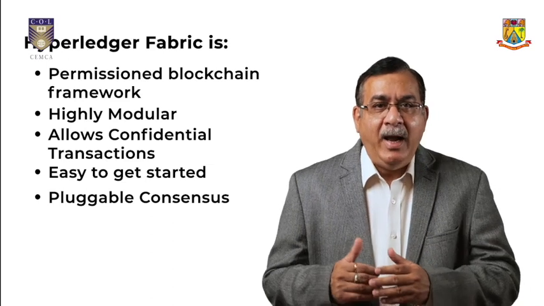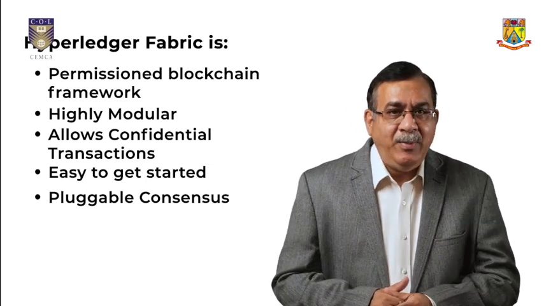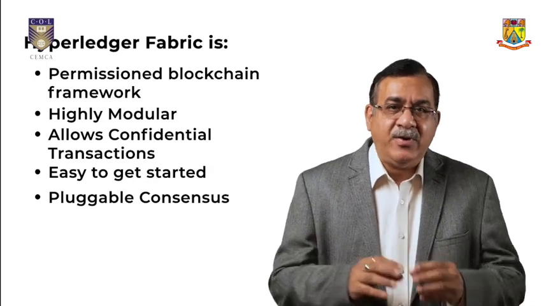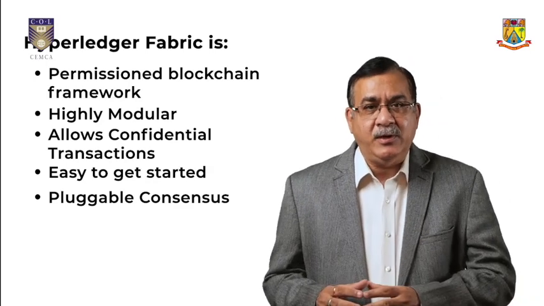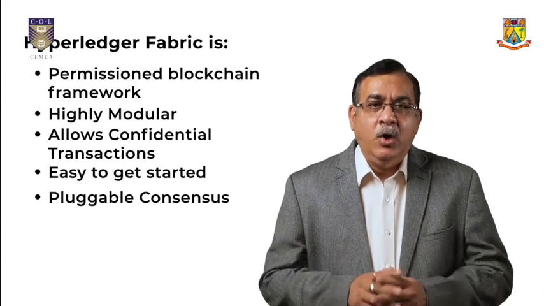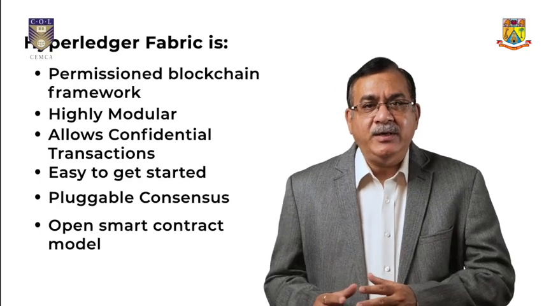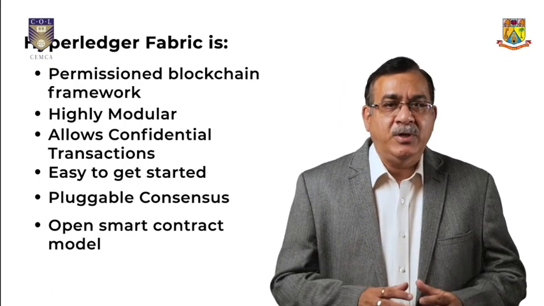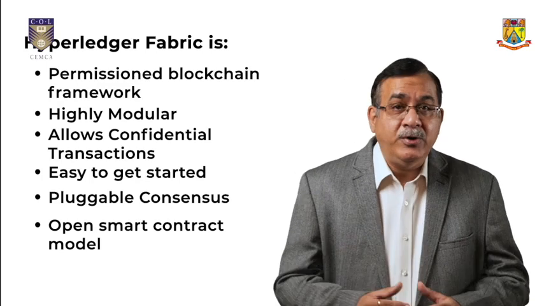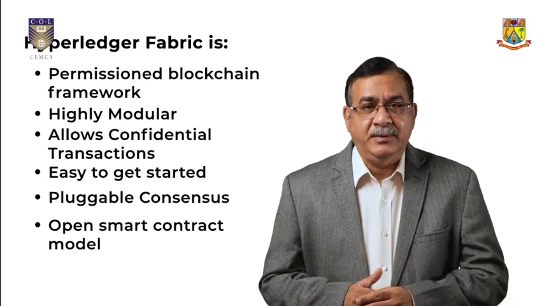One can pick either the Kafka or Solo consensus mechanism. IBM and other organizations are trying to develop other consensus mechanisms to plug into Hyperledger Fabric. Open smart contract model. Flexibility to implement any desired solution model, account model or UTXO model, structured data or unstructured data, etc.